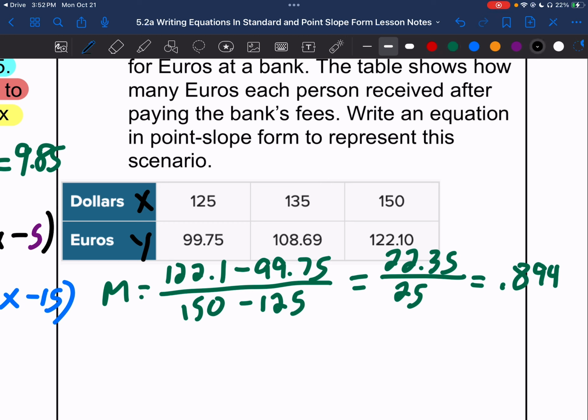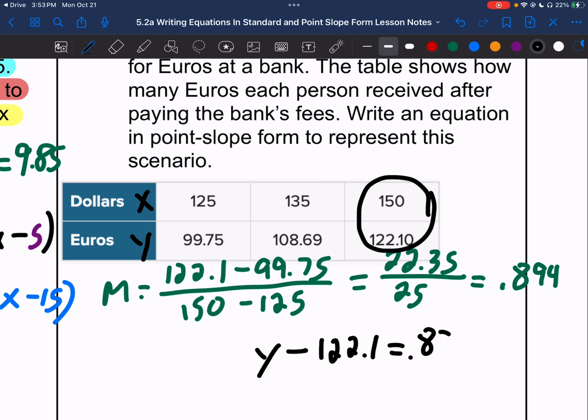Now I'm going to write my equation. There's three different ordered pairs we could write here. We could do y minus 122.1 is equal to 0.894 times the quantity x minus 150. That's the first one you could write.